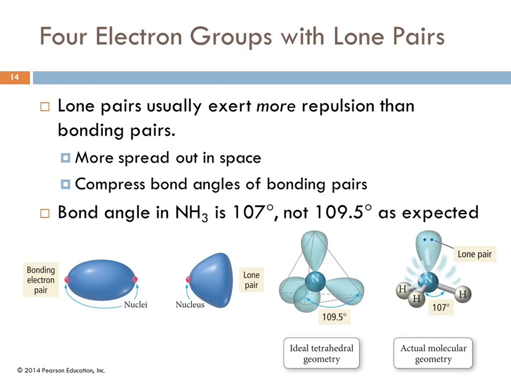So lone pairs usually exert more repulsion than bonding pairs. And this is not a politically correct thing, and I don't mean this to offend anyone, although I'm sure I'll probably offend someone. So you go to a party, and there's lots of couples, and then there's some single people, right? And I think single people sometimes feel like they're left out, or like people are avoiding them, perhaps. I was single once, too.